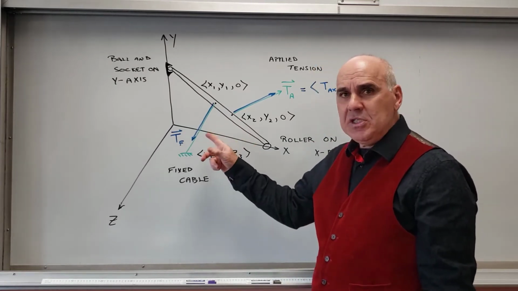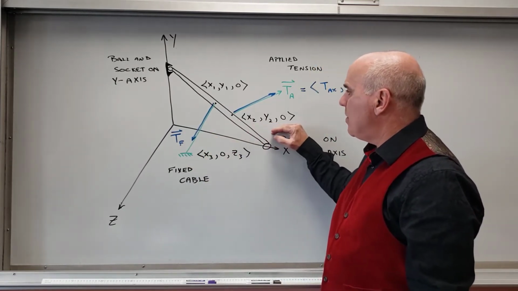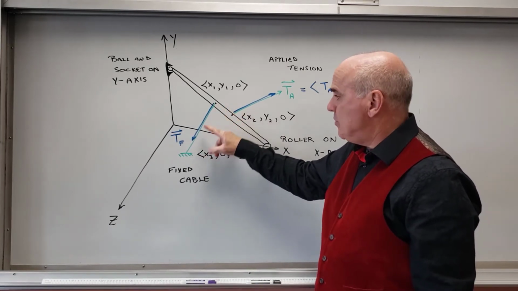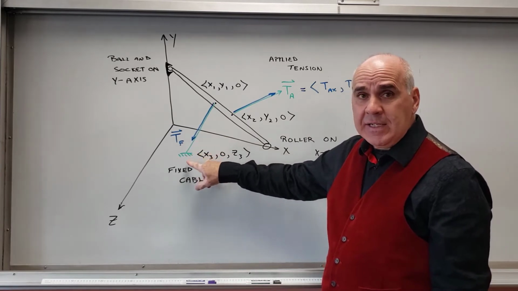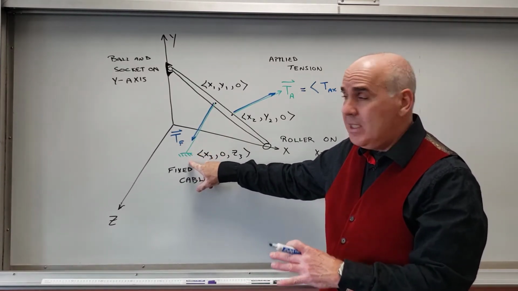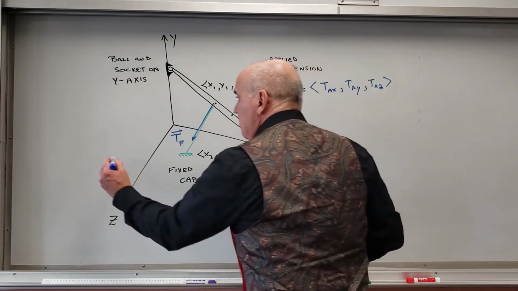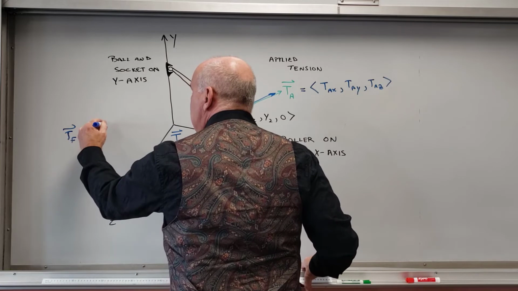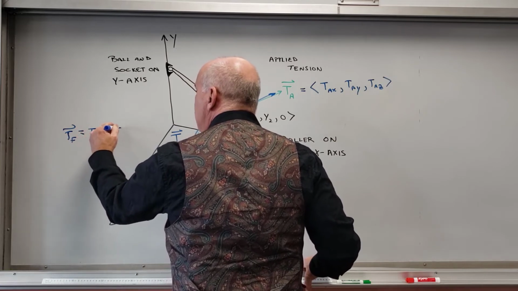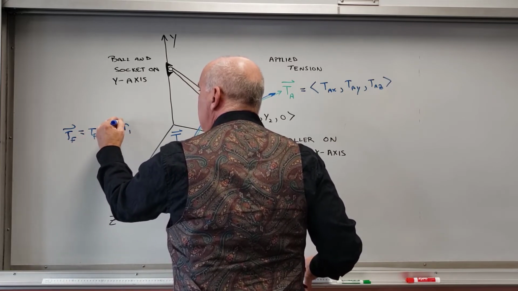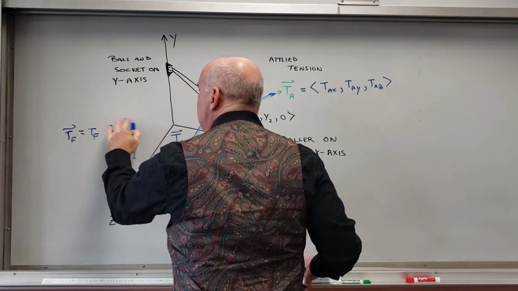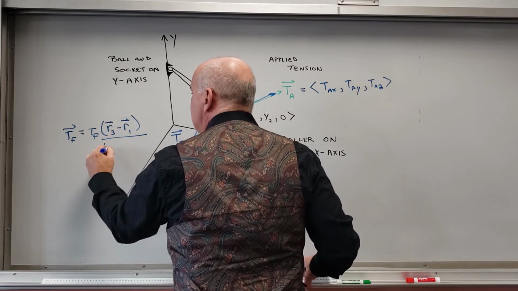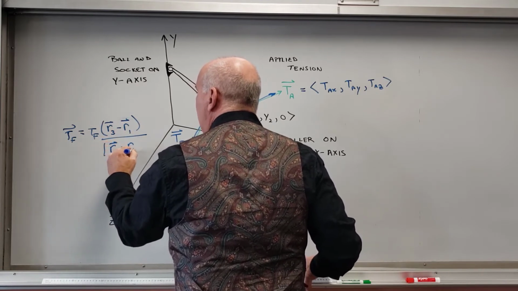The magnitude is unknown, but if I know these coordinates, I can figure out the unit vector from point 1 to point 3. So T fixed will equal some magnitude times the r3 minus r1 unit vector. Better be careful with that: r3 minus r1 over the magnitude of r3 minus r1.